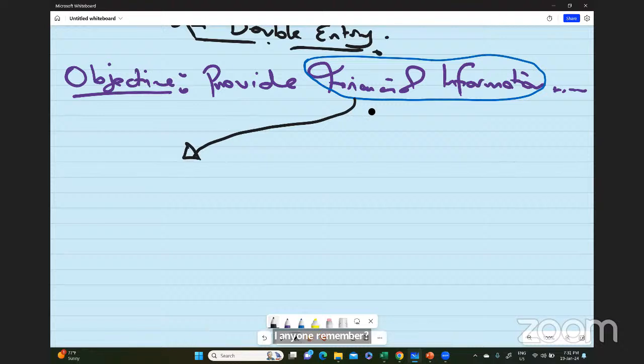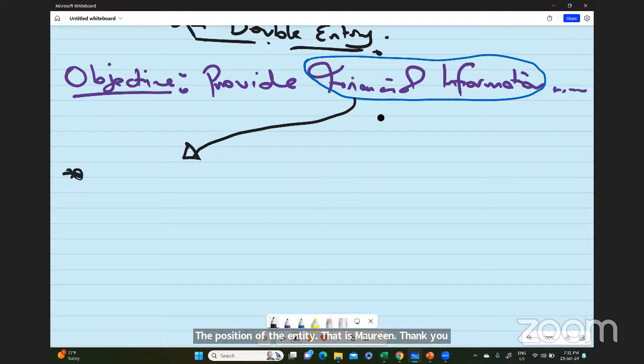It could be either someone online or someone physical. What I can remember is that it shows the position of the entity, the financial position of the company. That is Maureen. Thank you very much.